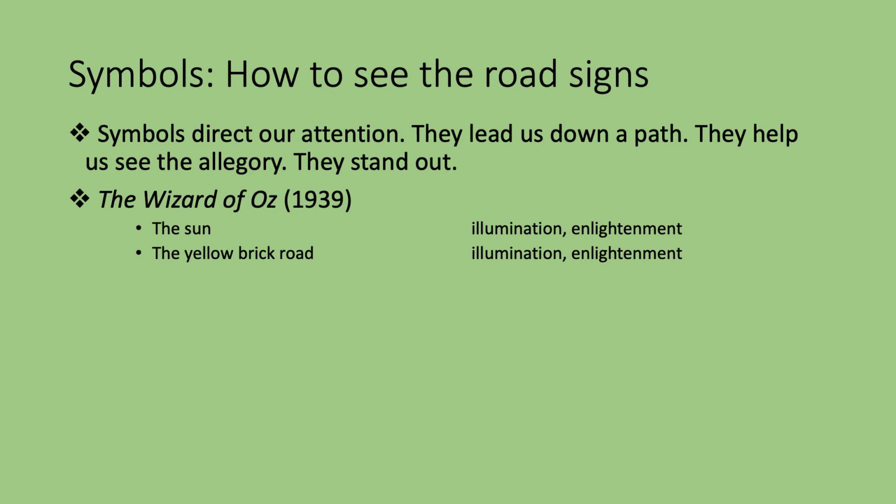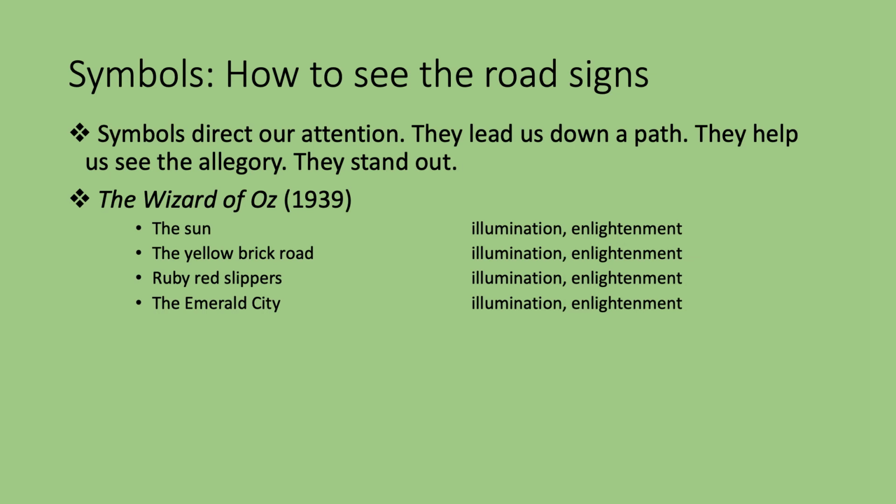And that brightness makes me think of illumination and enlightenment. What else? The ruby red slippers, also very bright and sparkly. So again, I'm brought to this idea of illumination and enlightenment, all this light, all this glow, all this shine. Next, the Emerald City. You guessed it, very bright. I see illumination and enlightenment.